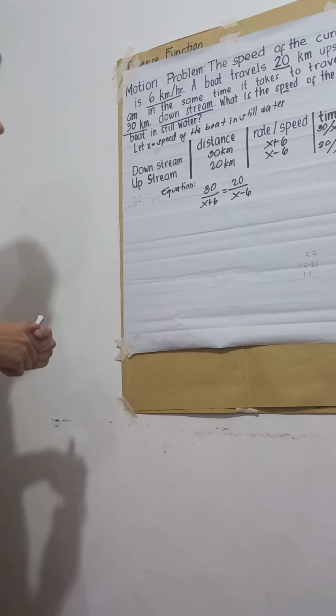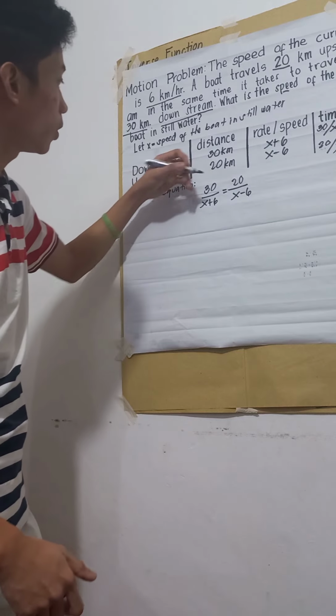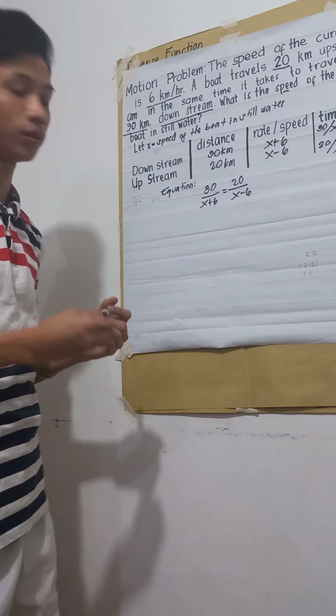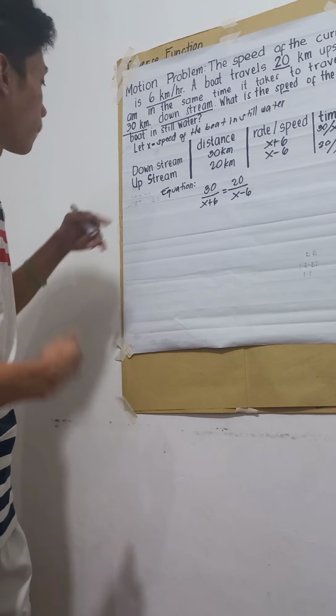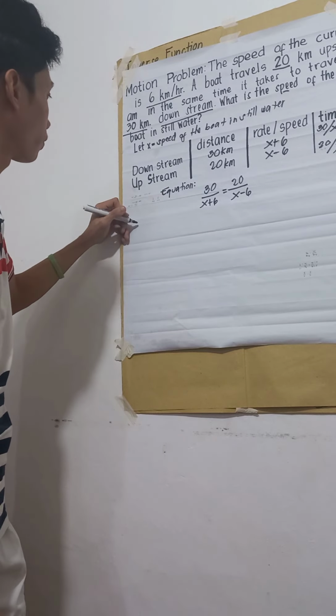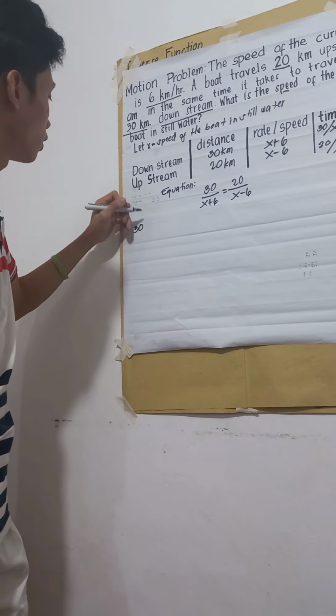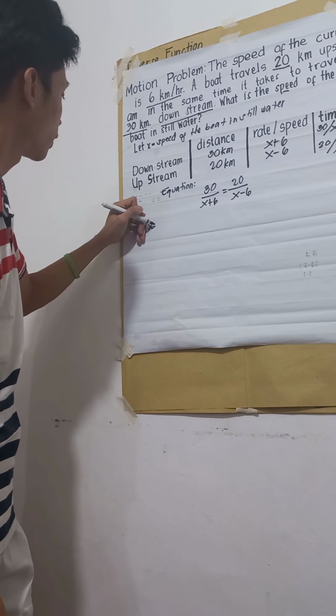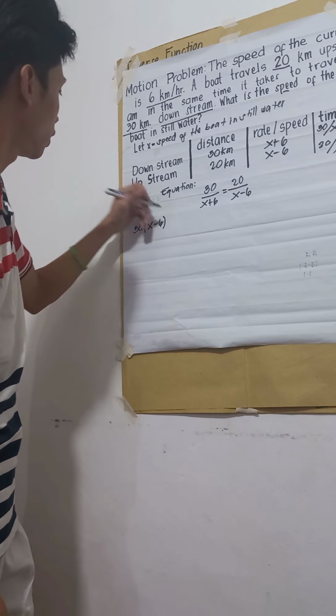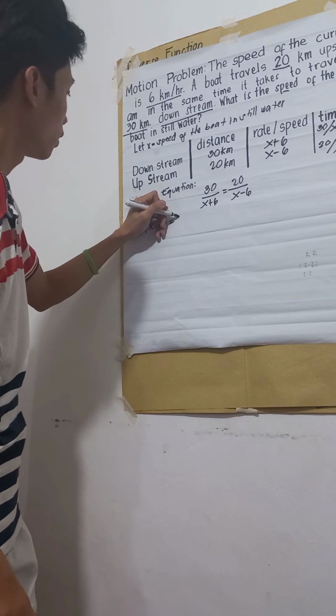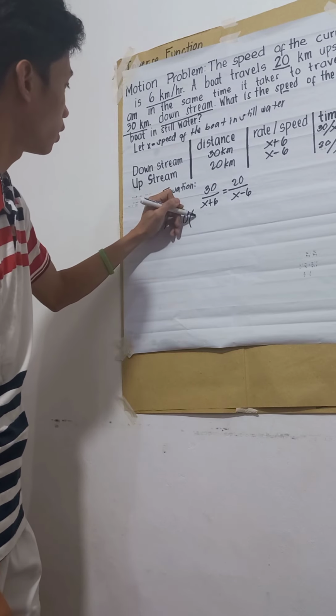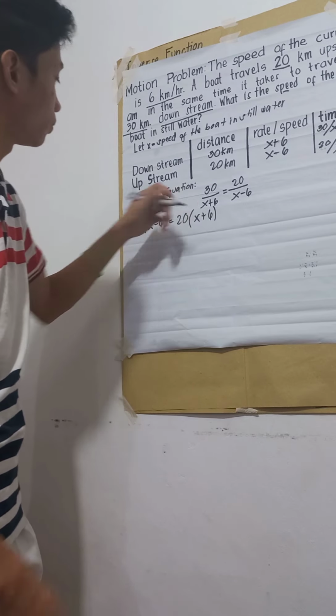That's now our equation. Next, we're going to do cross multiplication to simplify it. So that would be 30 multiplied by x minus 6 equals 20 multiplied by x plus 6.